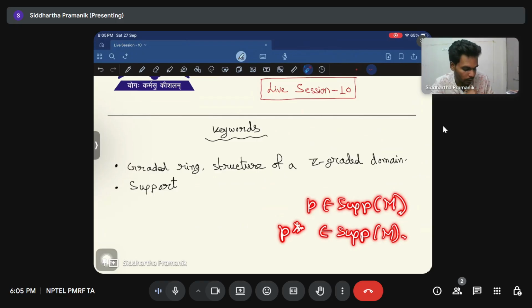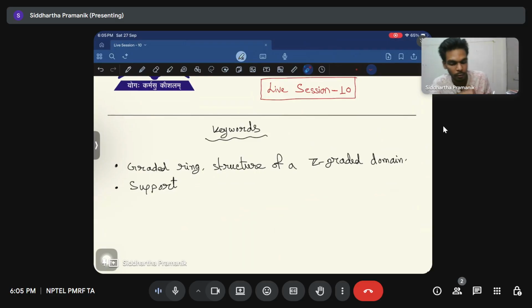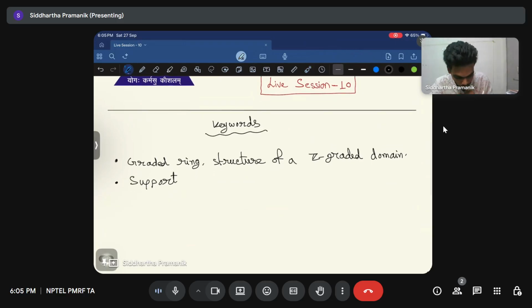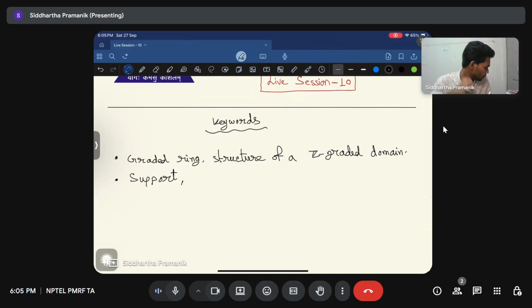And we know that if M is graded, then associated primes are also graded prime ideals, and minimal primes are also graded ideals, all those things. So support and also dimension of finitely generated graded modules.